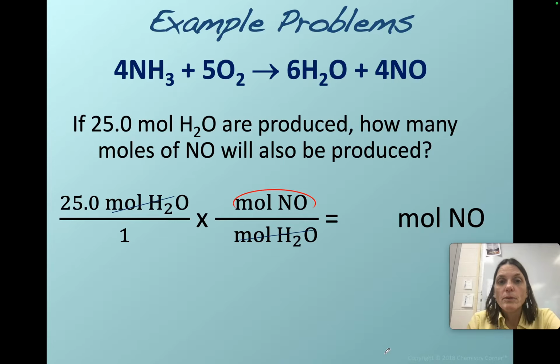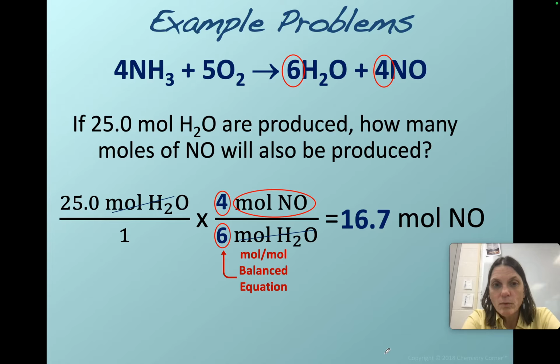Okay, so we're going to put what's given on the bottom, the moles of water, and then what we're looking for goes on the top. Okay, so you can see there that 4 moles of NO over 6 moles of water, and then we can figure out how many moles of NO is also going to be produced. So if we get 25 moles of water, we're going to get 16.7 moles of NO.